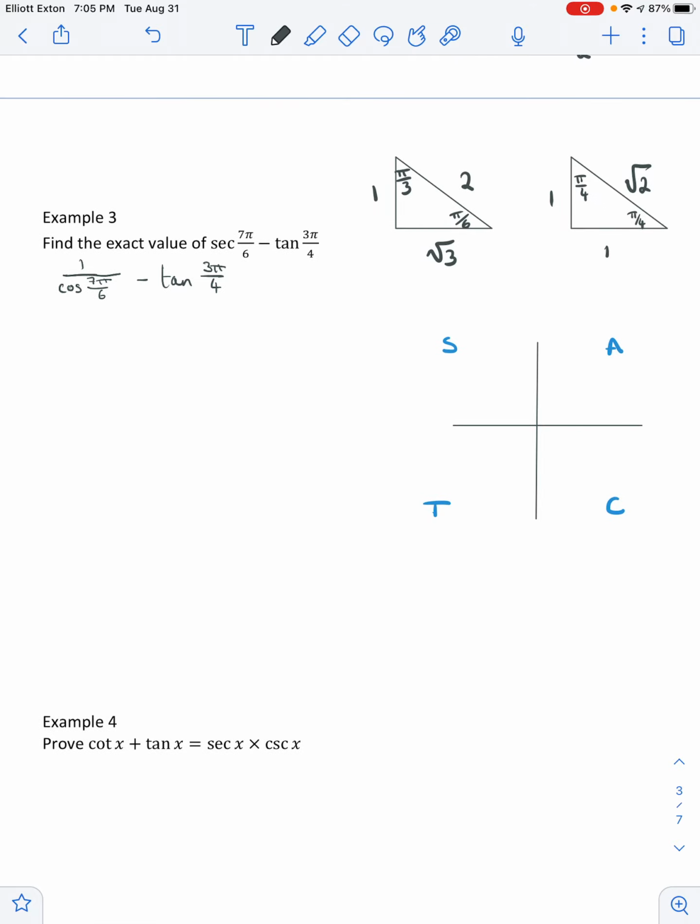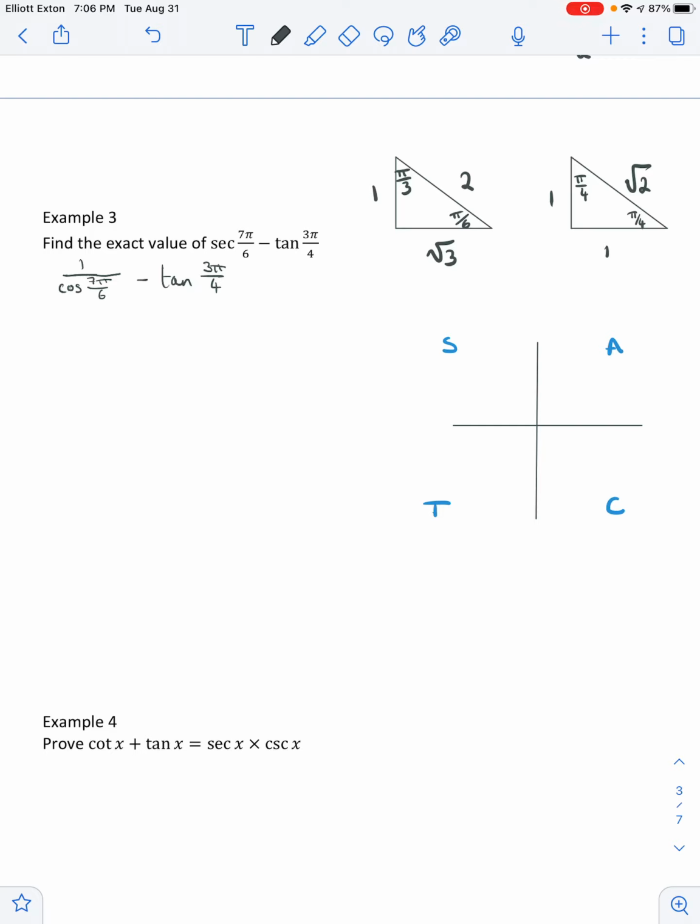Now, neither 7 pi over 6 nor 3 pi over 4 are special angles themselves. However, they are multiples of special angles. So we can find the relative acute angle that they relate to, find the ratio from the special triangle for the relative acute angle, and then put it into the correct quadrant that it exists in, making sure that it's positive or negative in that quadrant.